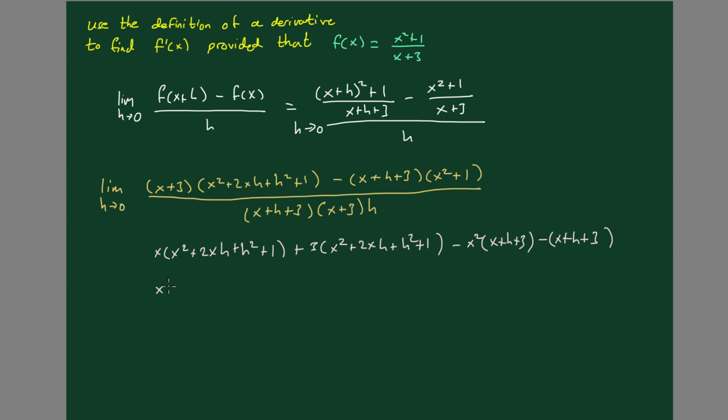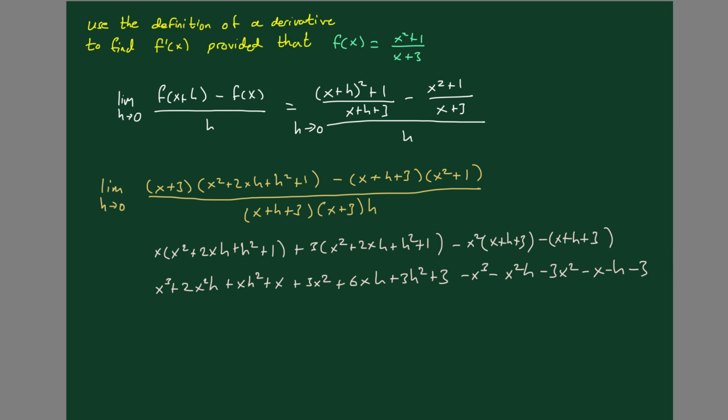So this becomes x cubed plus 2x squared h plus x times h squared plus x, and then we have plus 3x squared plus 6xh, and over here plus 3h squared and then plus 3, and then we have a minus x cubed, minus x squared h, minus 3x squared, and then over here a minus x minus h and a minus 3.